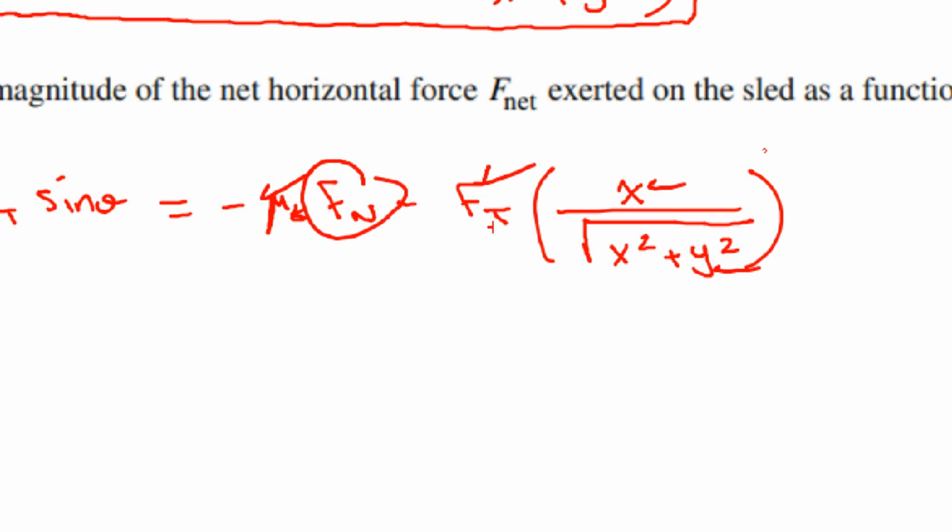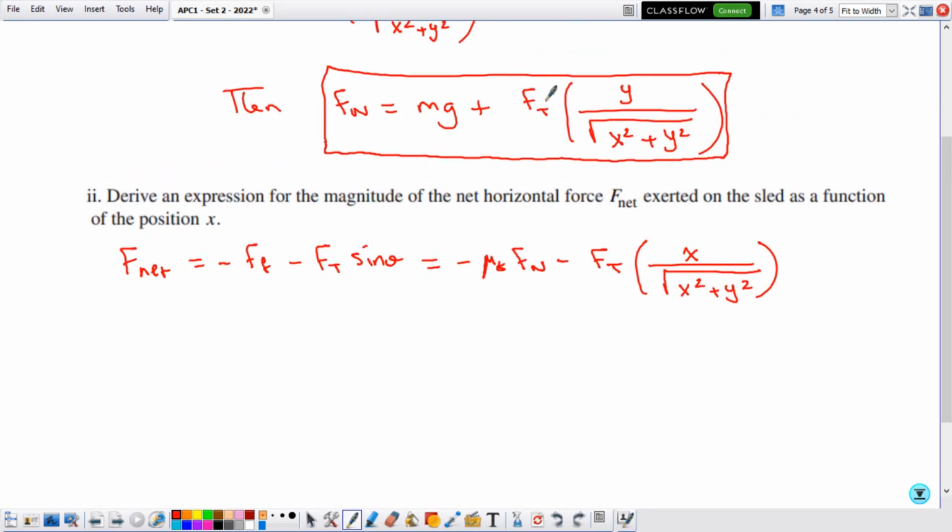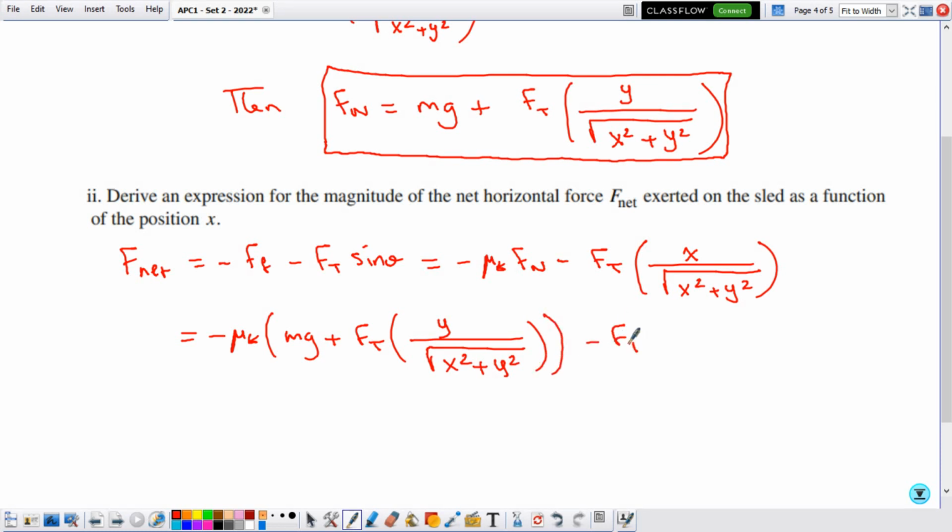Now we need to replace Fn, but in idea 1 we have expressed Fn in terms of the given constants. Then let's replace Fn. That would be minus mu k multiplied by mg plus the tension force multiplied by y divided by radical x square plus y square. Now we close the double brackets, minus Ft multiplied by x divided by radical x square plus y square.